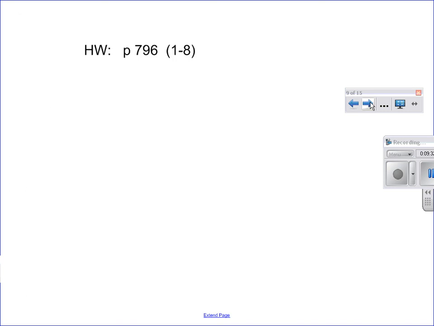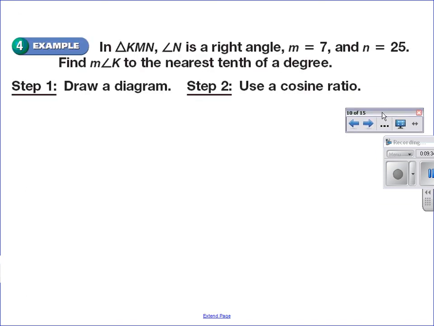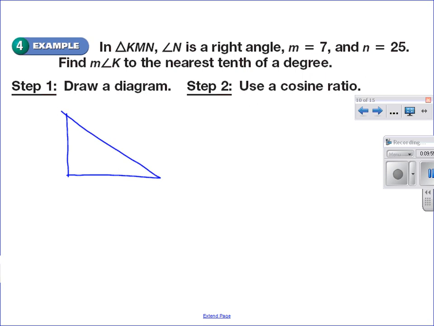All right, let's go the other direction. Now, we've been finding sides given angles. Now we're going to be given a ratio and find the angle. So for this one, my picture, again, doesn't matter your scale.